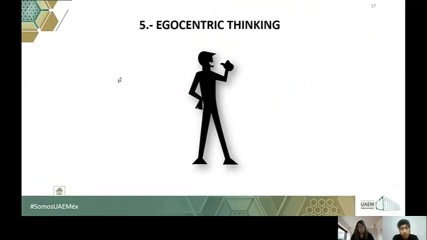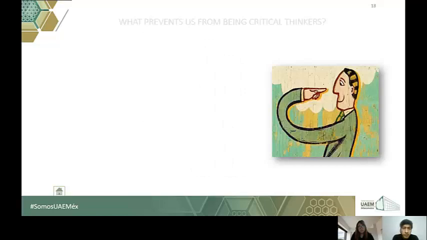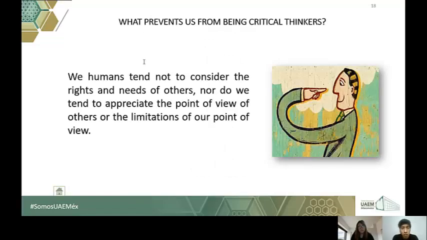Egocentric thinking. Now that we have analyzed what critical thinking is and how we can put it into practice, it is important to know the main factor that can prevent us from developing it, and this is egocentric thinking, which we have naturally because we generally don't consider the rights and needs of others, nor do we usually appreciate a point of view different from ours, because we live confident that we know how things are and we believe we are objective.